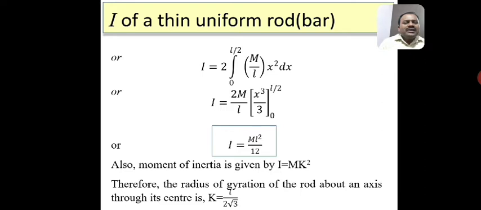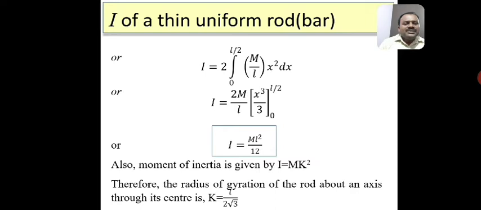Here x square is an even function. So the integral from minus L by 2 to plus L by 2 can be written as 2 into the integral from 0 to L by 2. So I is equal to 2 into integral 0 to L by 2 of M by L into x square dx. Upon integration you will get 2M by L into x cube by 3, with limits 0 to L by 2.